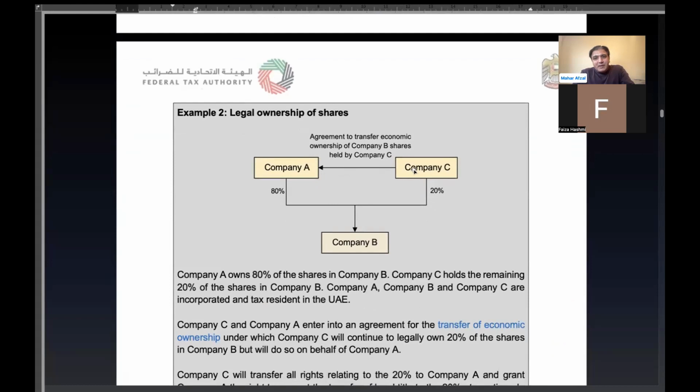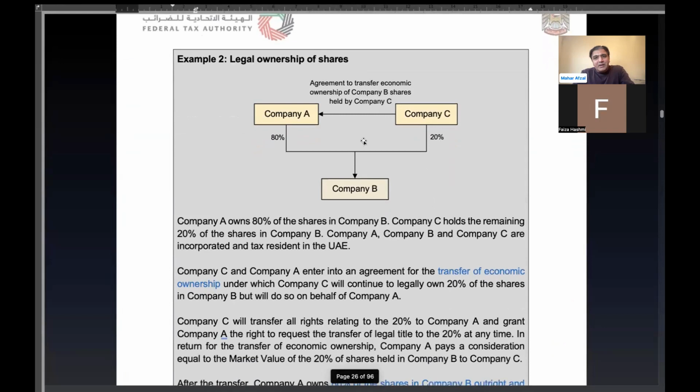Company A, B, C. An agreement to transfer economic benefits, ownership. Basically here, what C is holding in B is 20%, A is holding in B 80%. C is the legal owner of the share capital and C is transferring 20% beneficial rights to A, not the legal rights, only beneficial.